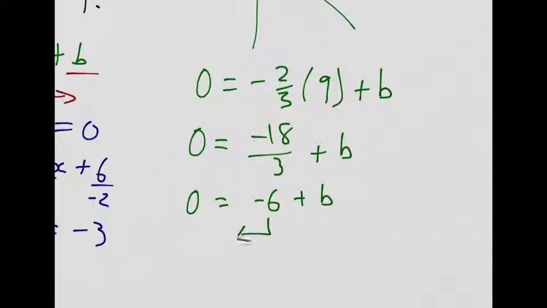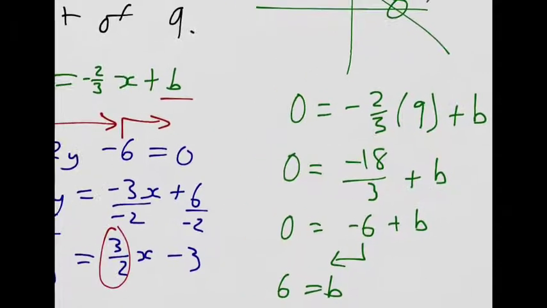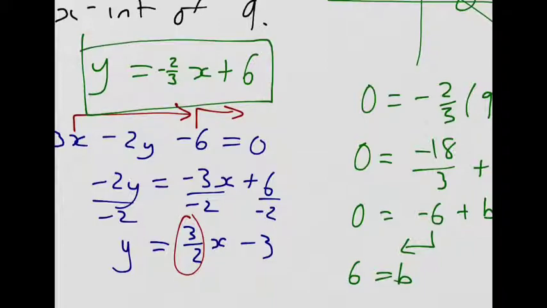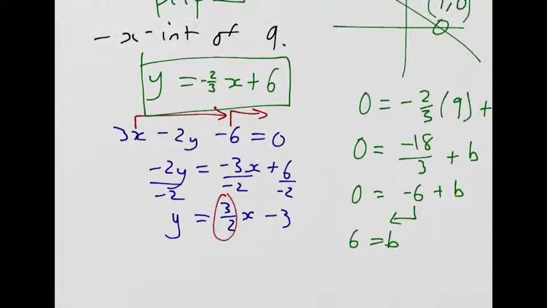And bring the 6 over. Okay, so there's our y-intercept. So this line is perpendicular to the original line and has an x-intercept of 9. Let's check that by graphing it.